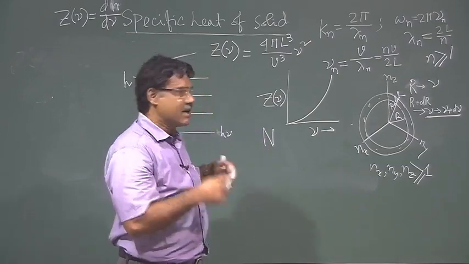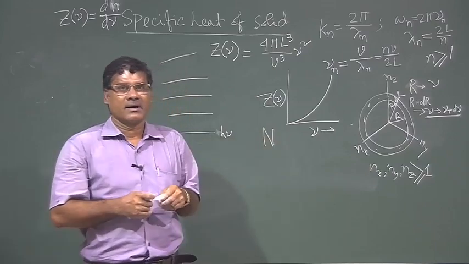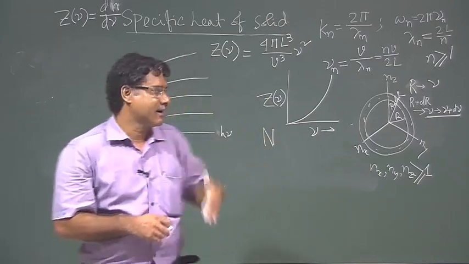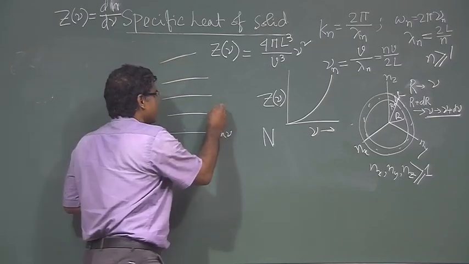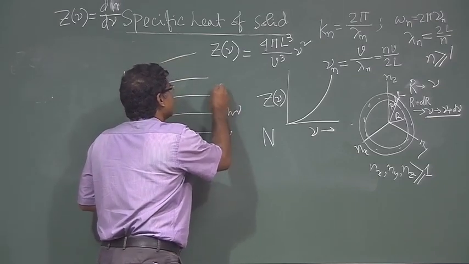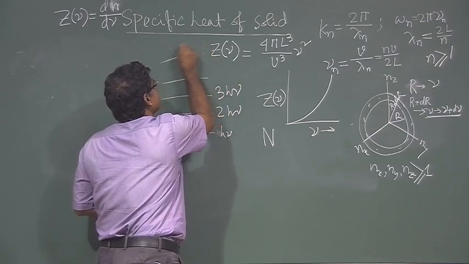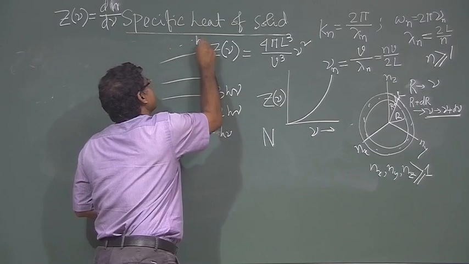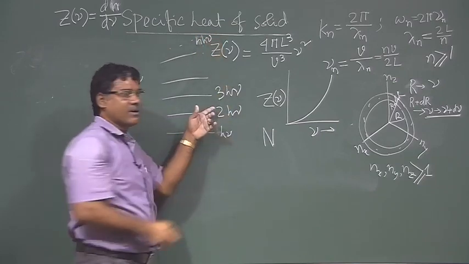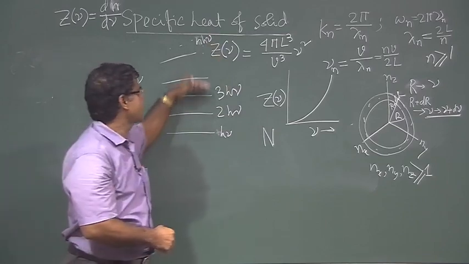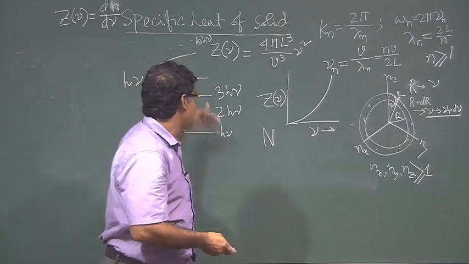So, for each nu, it has the energy distribution having different energy states: 2 h nu, 3 h nu, so this is n h nu. So, for a particular frequency it can have this type of excited states, or higher energy states.